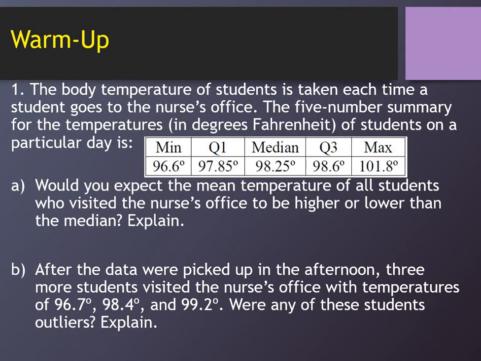What's the distance? Actually, no, this is closer here. What's the difference between the minimum and the median? That's the 1.65. So I understand making the argument that this is actually closer. But the truth of the matter is that the values further away from the median, from the average, are going to have more of an effect.